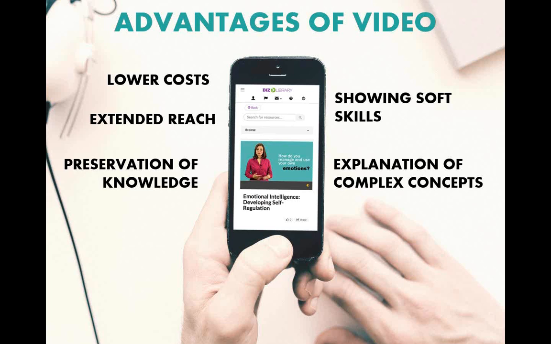Okay, so short-form video. Let's use the illustration on the screen right here as an example. This is a video about emotional intelligence, but let's say it's something about Excel or PowerPoint or Word or some other application that you've got working in your office. So you have a specific question about a specific task.